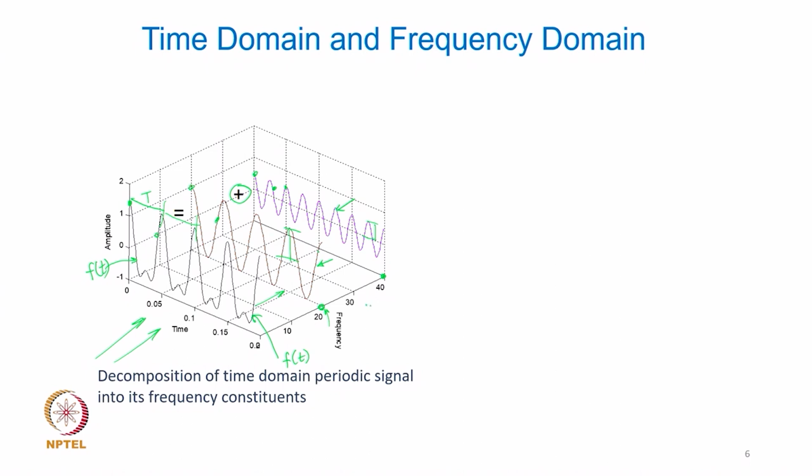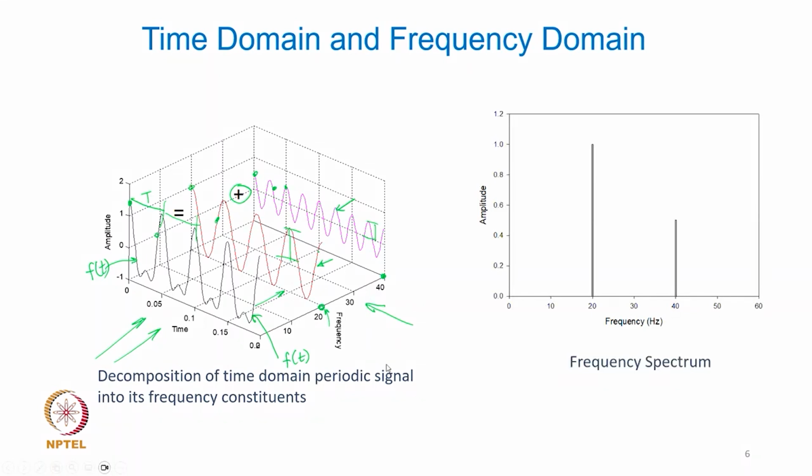But if you see this decomposition from the frequency axis, you get what is known as the frequency spectrum of the same signal. If I look at this decomposed signal, the first constituent and the second constituent with their individual amplitudes, A1 and A2, would appear as two distinct frequency components in the frequency domain signal.